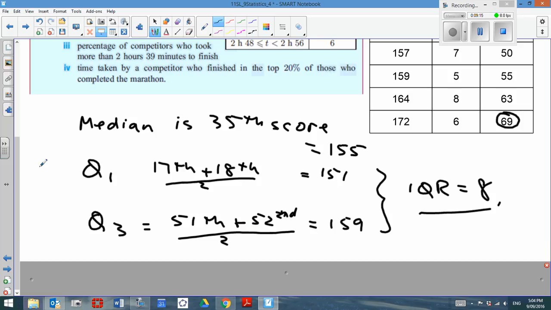Another way is to find Q1 by taking the 25th percentile, so I could take 25% of 69 and find out what that corresponds to. And for Q3, I could take the 75th percent of 69 and find out where that corresponds to. So you have a couple options for how you find your Q1 and Q3. Subtract, and find your IQR. So you can do a lot of analysis with the data that you have as well.